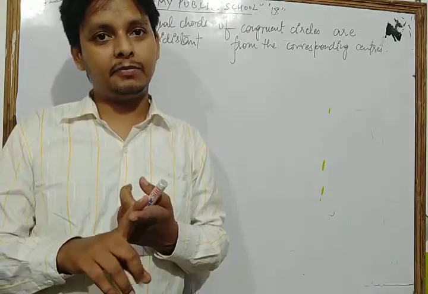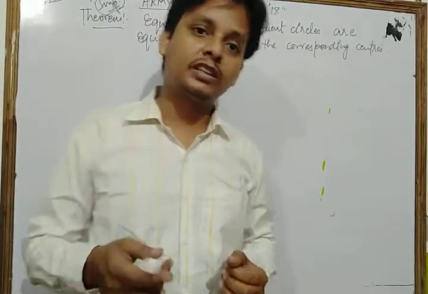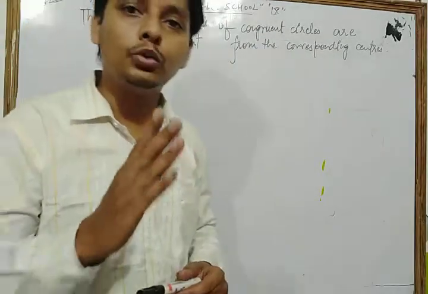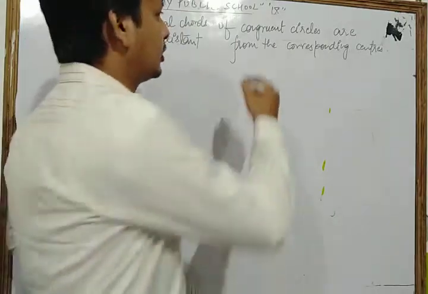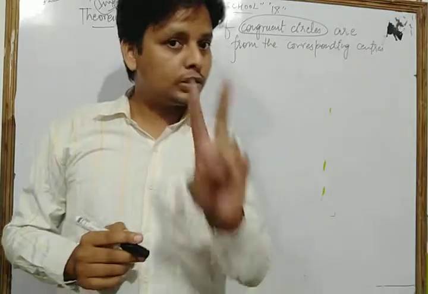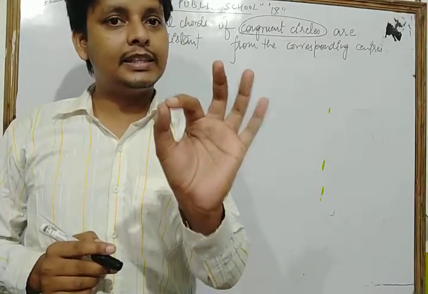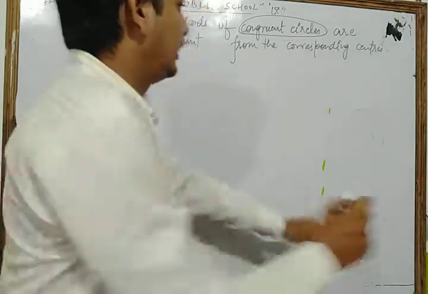If their radii are the same, then both circles are said to be congruent to each other. So the term is congruent circles. Now we draw two circles, and in both circles the radii are the same. Let's see here.